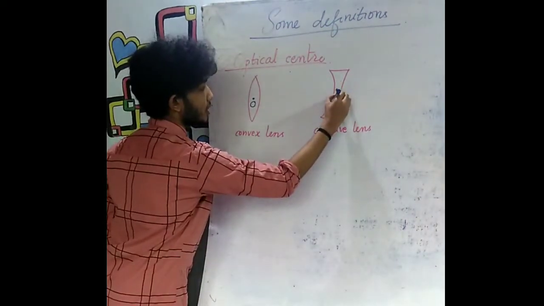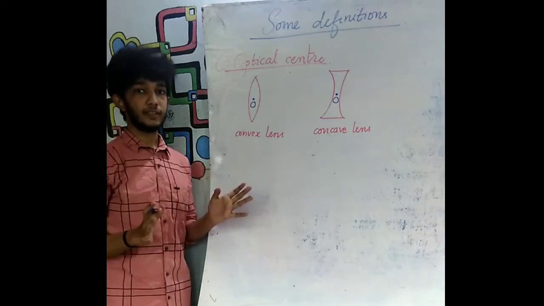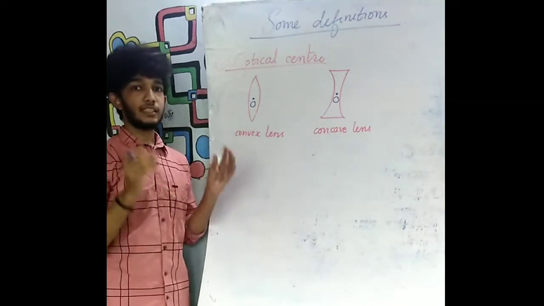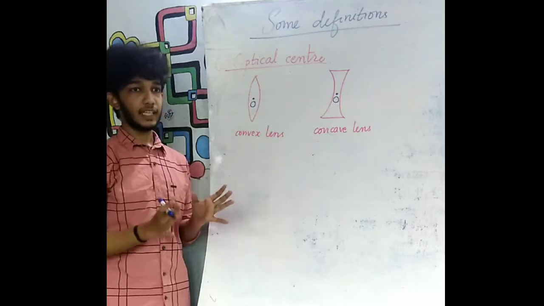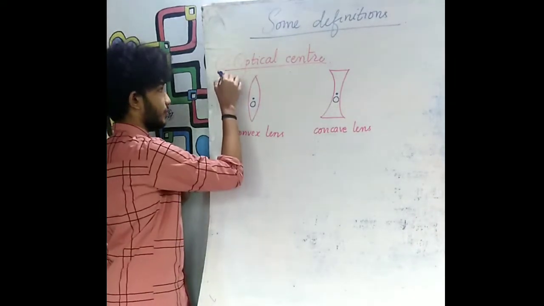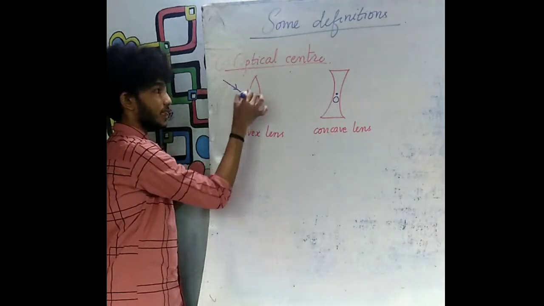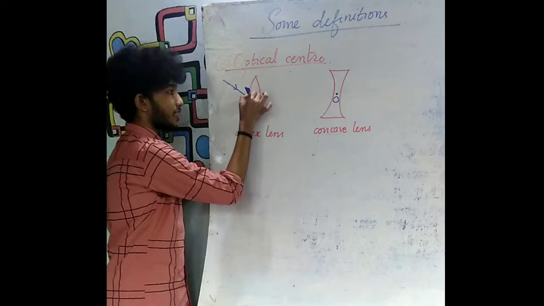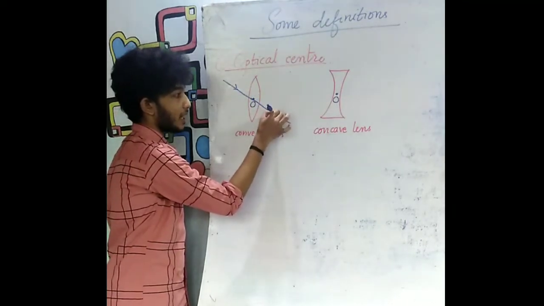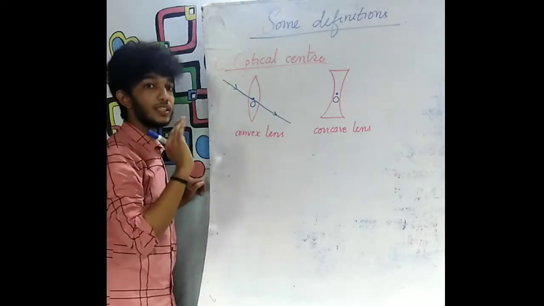Here also, this is the center of the concave lens. This is the optical center. The property of the optical center is that when a ray of light is incident at the optical center, after refraction, the refracted ray passes with no deviation.